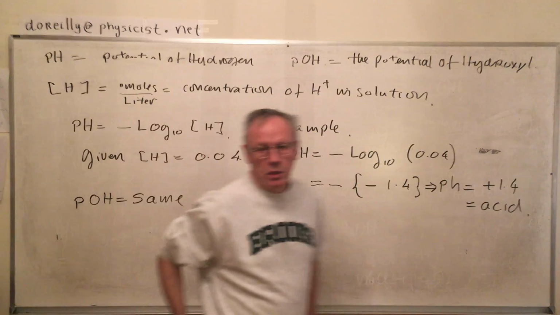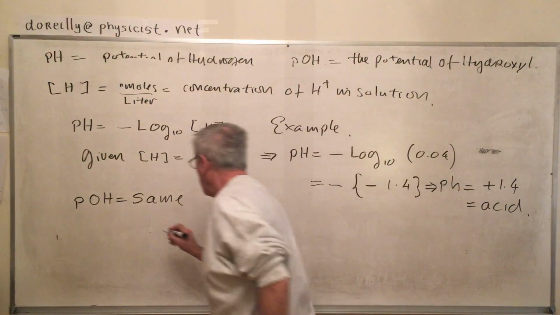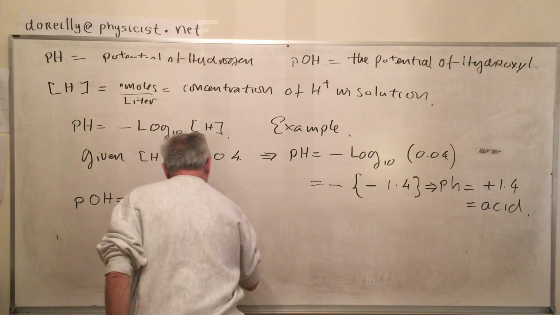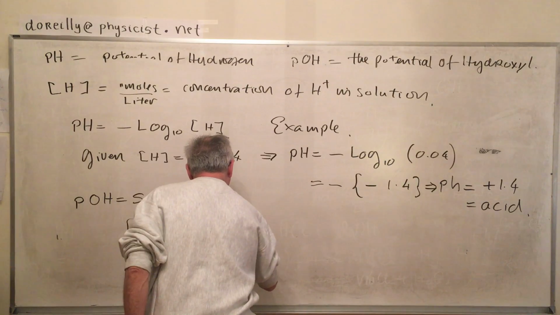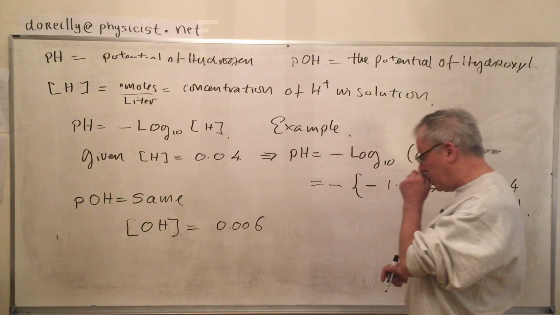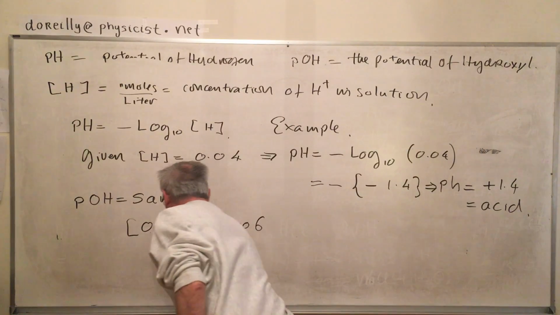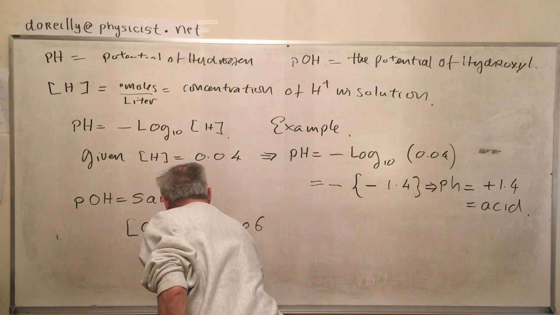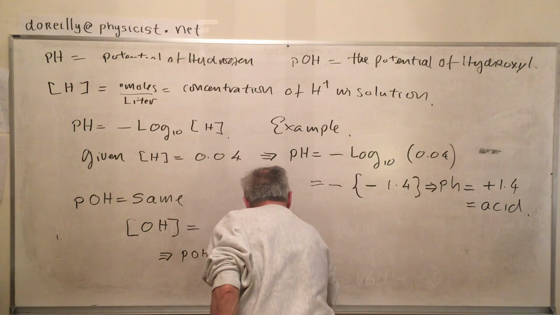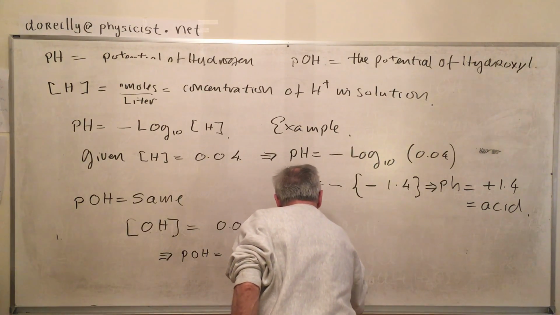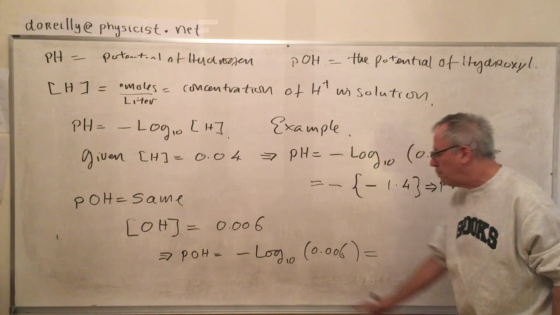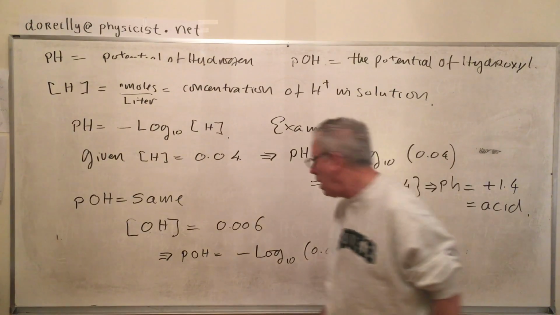Now for pOH, you're given the same thing. Suppose that we're given that the concentration of OH in a solution is 0.006. Then the exact same thing applies. You press in 0.006 on your calculator.